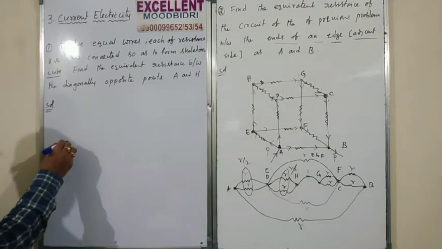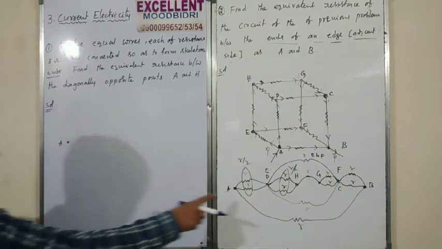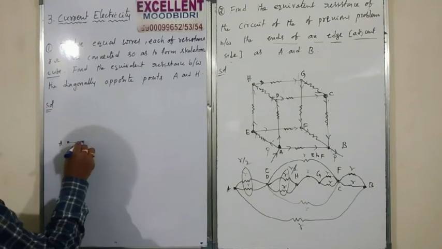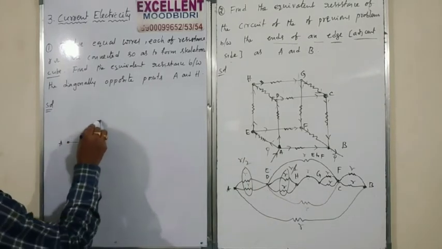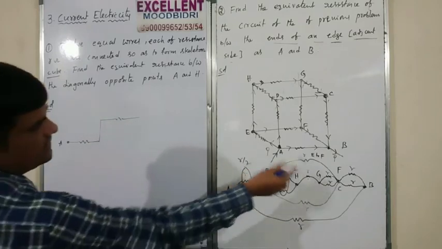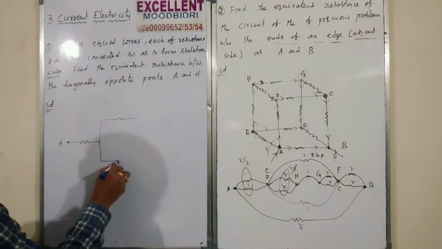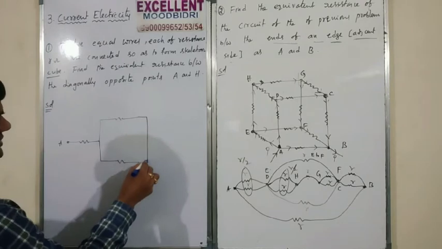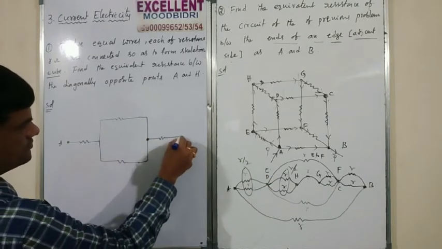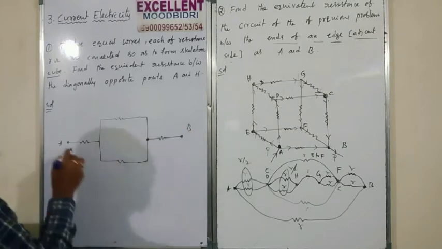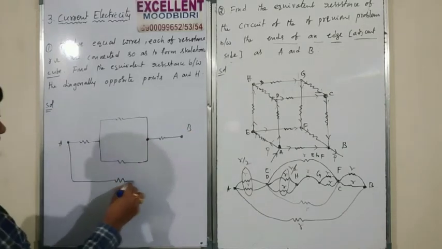So from A here, 1 R by 2. Next here on top, one R will be there, the E to F. Next down also 1 R will be there. There R by 2 is the B. Next here also one more will be there.